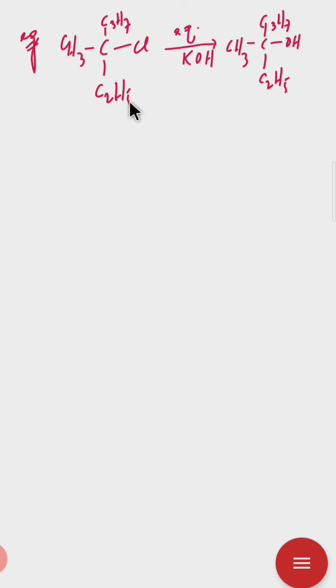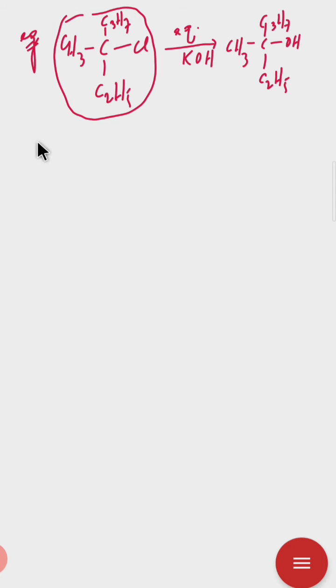In the exam, they will not mention SN1 or SN2. We need to decide whether the haloalkane is primary or tertiary. In primary, the SN1 reaction usually does not take place, but there are some cases in which SN1 can take place in primary haloalkane also.